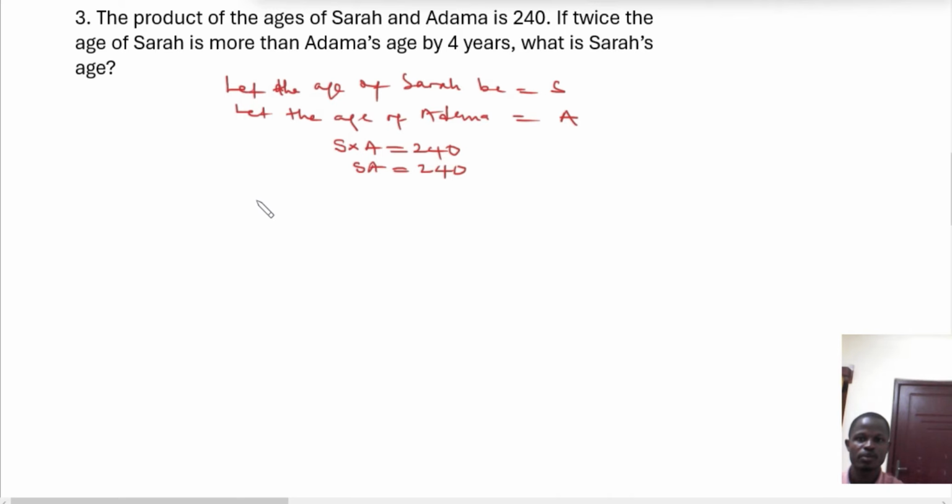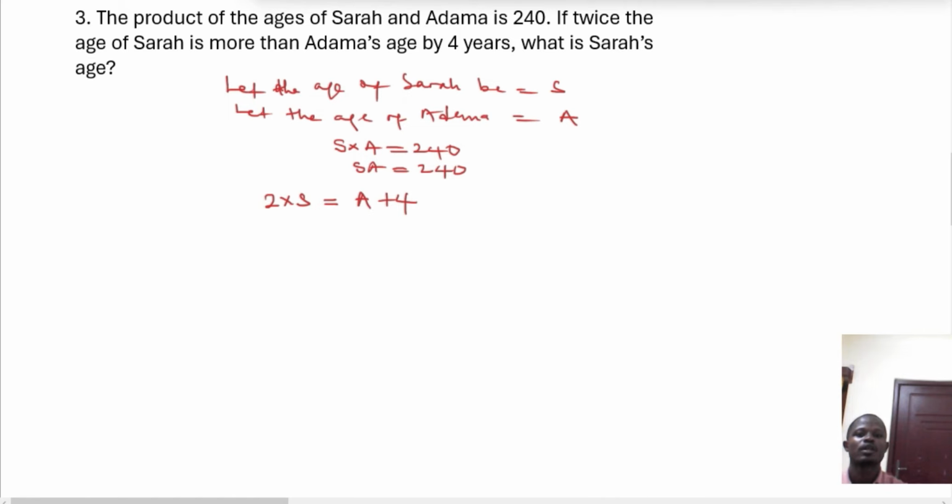Twice the age of Sarah is more than Adama's age by 4 years. Twice the age of Sarah, that is 2 times the age of Sarah, is more than Adama's age by 4. Adama's age is A plus 4.